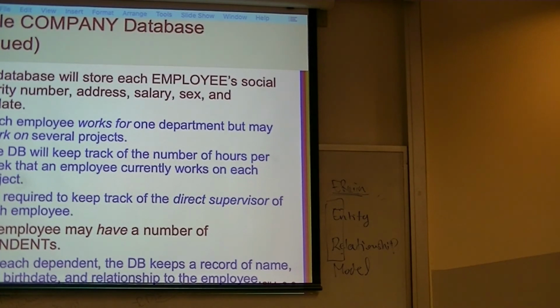So what is a thing? That is an entity. An entity is a really existing thing. It may not have a physical existence, but in your concept, if it exists, that is a thing. Okay? So, for example, I'd like to design the university database, specifically student information.